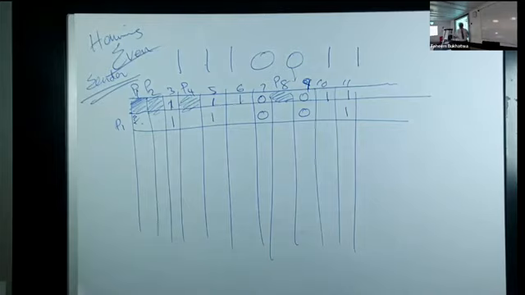Now, we're going to decide what value will go into parity 1. So first, you have to create the group that's shared with parity 1, the parity 1 group. So for parity 1, start at column 1, use it, skip 1, take 1, skip 1 and take 1.